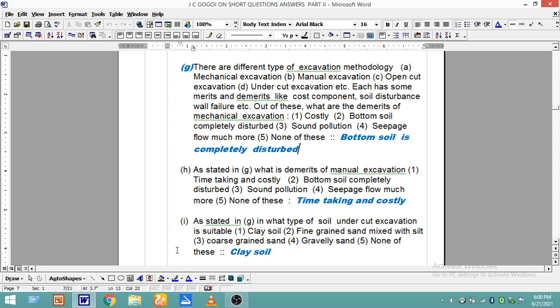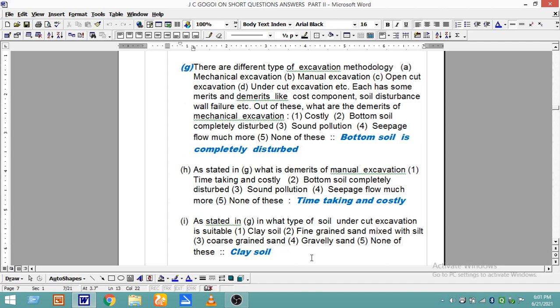Undercut foundation means we are cutting just to enter one person at the top, and as per the foundation dimensions, accordingly inside, like coal mines, a person will be going inside and make the excavation as per the size required for the foundation.